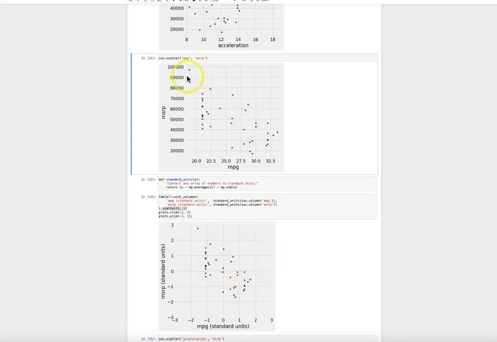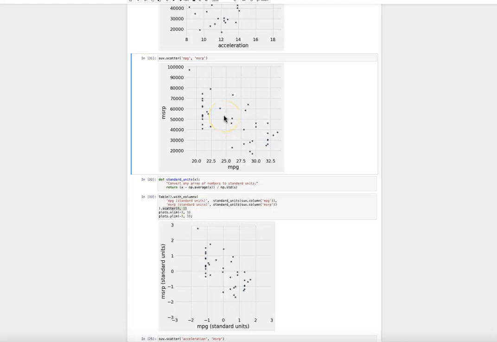When we used the regular units, the MSRP and the gas mileage had a negative association. Even when we change to the standard unit, they still have the same negative association. So we just want to show you that the standard unit didn't really change the pattern or distribution of your scatter plot.